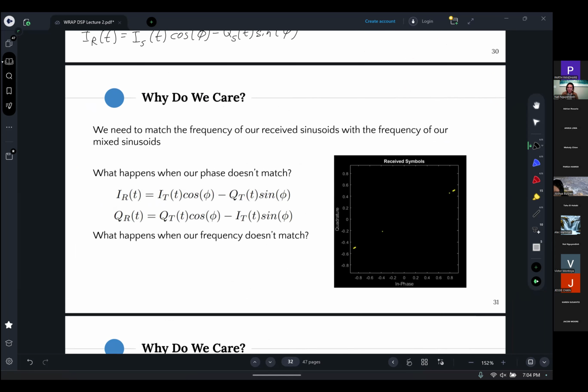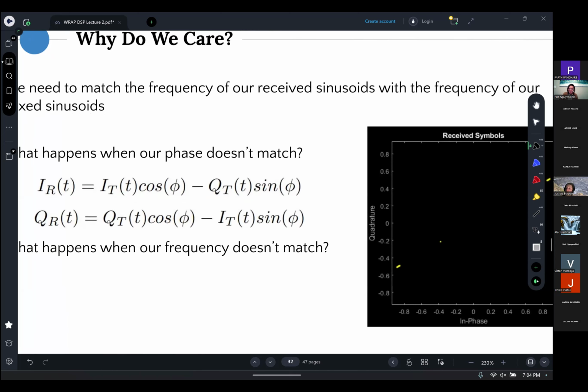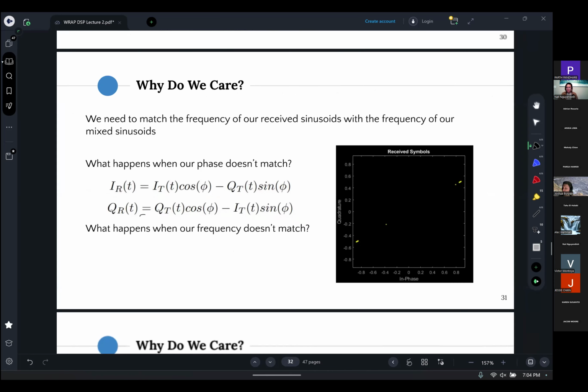Whatever the phase difference is, if we have the same frequency, it's just going to shift our entire constellation diagram, because some of our quadrature component is leaking into our received in-phase component, and some of our in-phase component is leaking into our quadrature component. That is what causes this rotation.